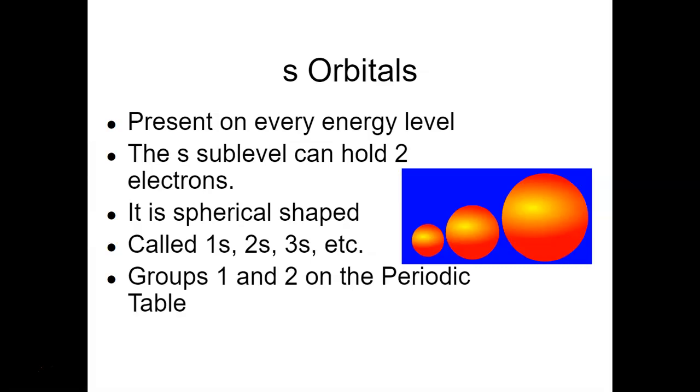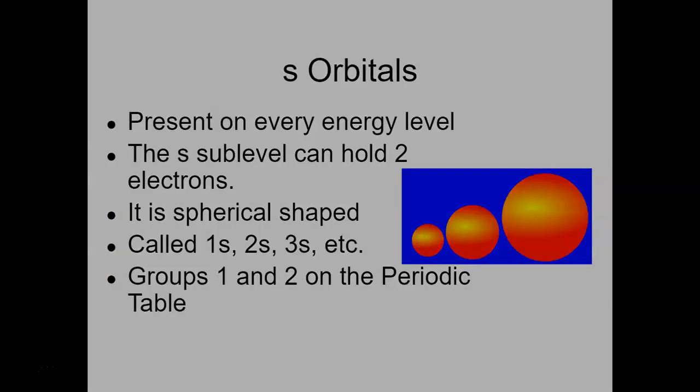So if you were looking at calcium, calcium is in the 4th row, so it would end with 4s, and then it is in the second column, so it'd be 4s2. We're going to need that when we start looking at electron configuration. And again, these are groups 1 and 2 on your periodic table, the alkali and the alkaline earth metals.